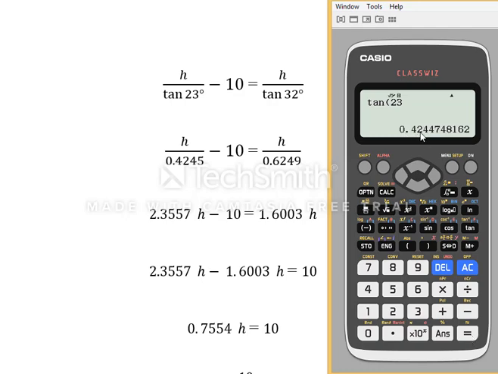It is 0.42447, so I used the value up to 4 decimal places, which becomes 0.4245. Then we found the value of tangent 32. Rounding to 4 decimal places, it is 0.6249.